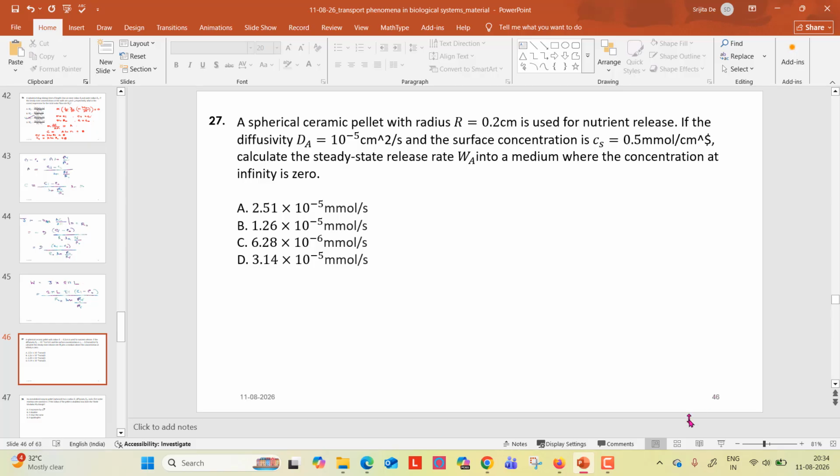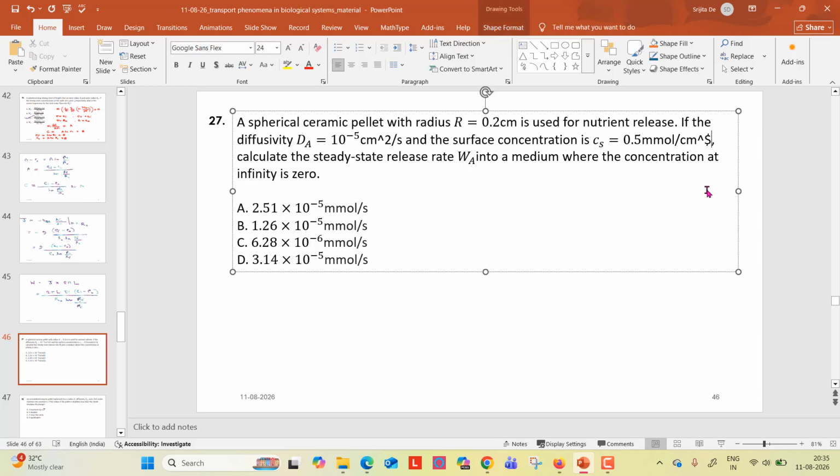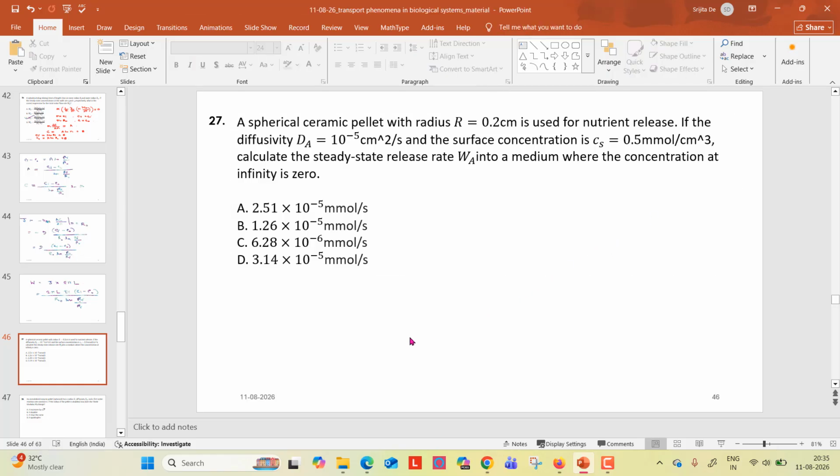Next, a spherical ceramic pellet with radius R is used for nutrient release. If the diffusivity and the surface concentration are given, calculate the steady-state release rate WA into a medium where the concentration at infinity is 0.